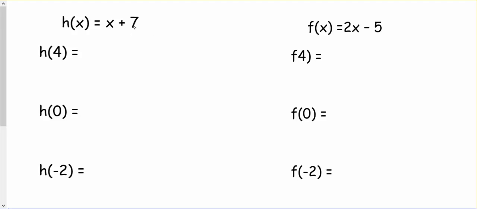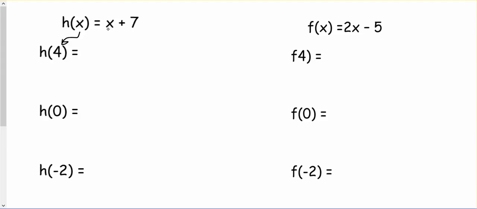So what do I mean by that? I mean, this is saying, what's the value of your function when x is 4? That's what that's saying. And so what we'd do is we'd substitute in a 4 for this x.